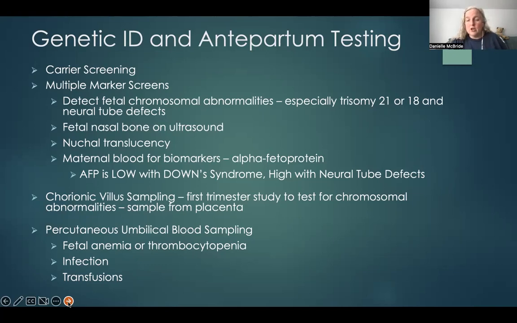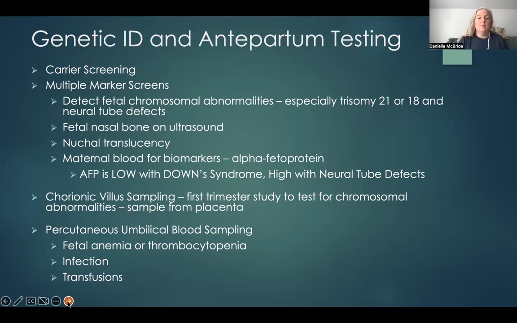It was important to her to know if her baby was going to be born with cystic fibrosis. And so this was something that she did choose to do. They go in and take a sample from the placenta, and they can look for chromosomal abnormalities. And this, though, has a risk of causing a miscarriage.